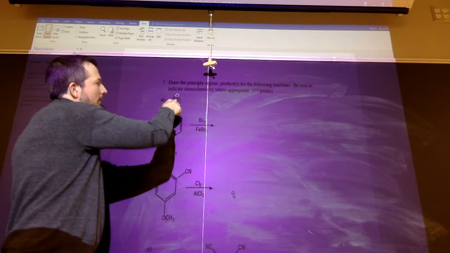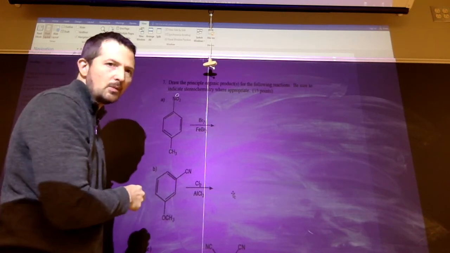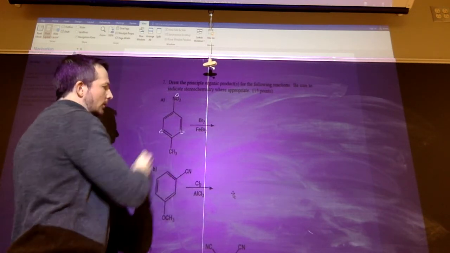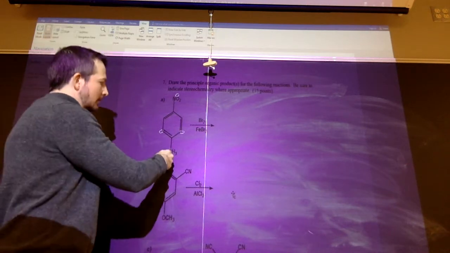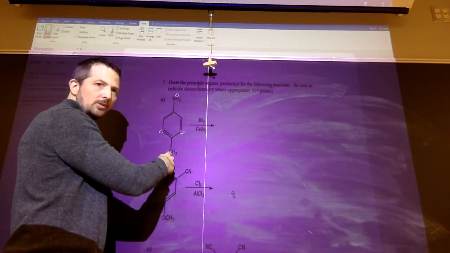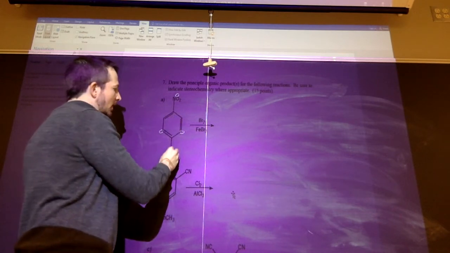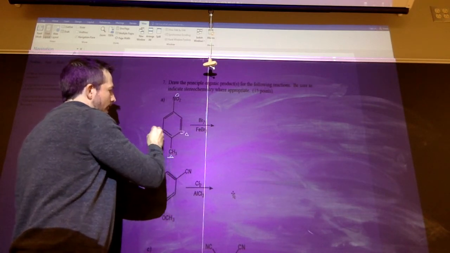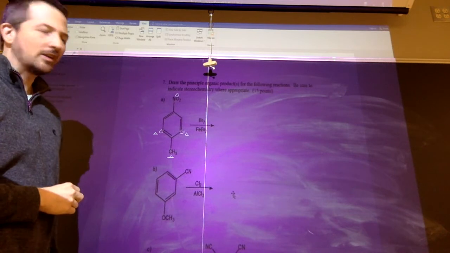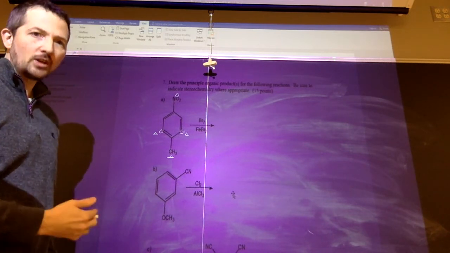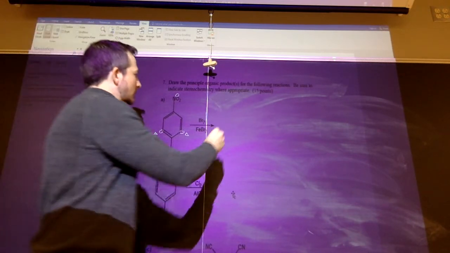So nitro is a meta director, so it directs to the meta positions. Methyl is an alkyl group, so alkyl groups are ortho-para directors. The para position is blocked. So this is an example where the directing effects reinforce one another, so that's where your substitution will take place.